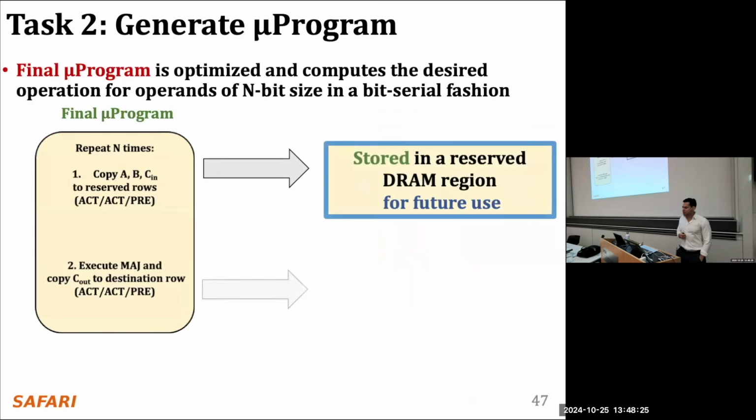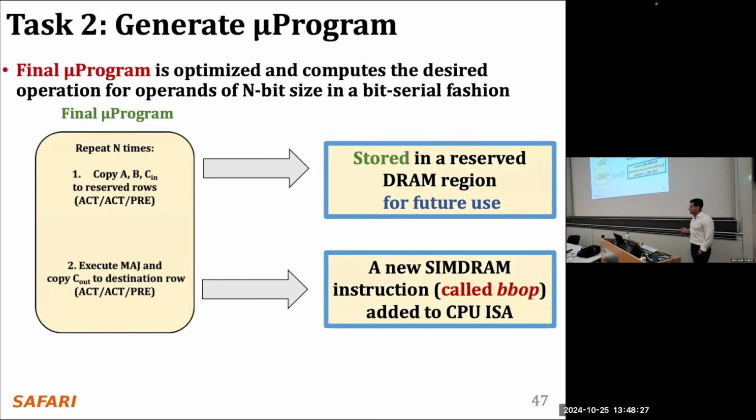So in the end of this process, what we have, as I mentioned, is a microprogram that implements these operations in DRAM, and then we store this microprogram in DRAM for future use, and we create a new CPU instruction called BBOP, so that the user can interface with this instruction in the application.